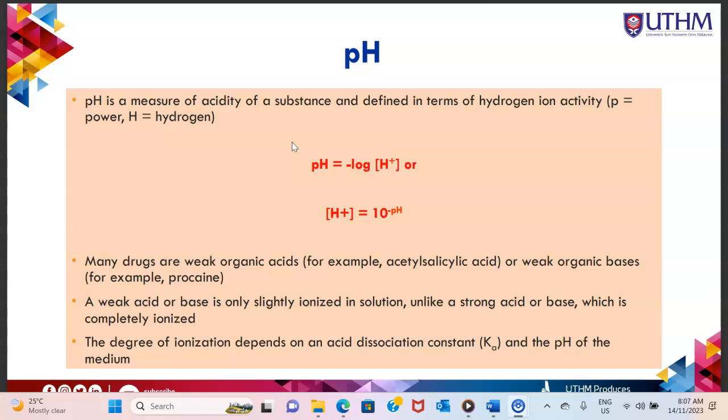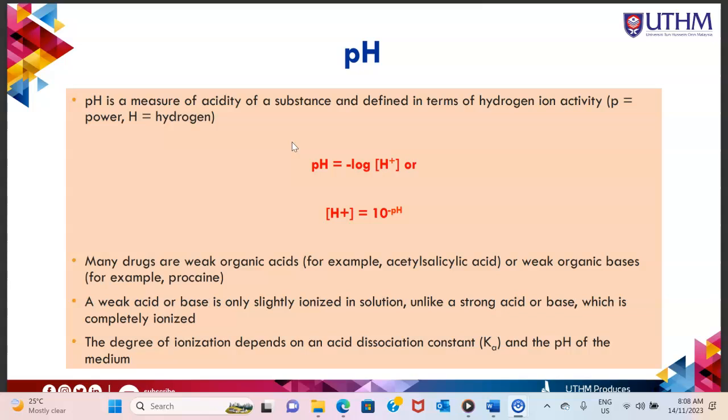So it's significant because if we understand the pH and pKa of a drug, we can design the formulations that optimize its solubility and stability. For example, knowledge of pKa will later on aid in predicting the ionization behavior of weak acids or bases in different physiological conditions.